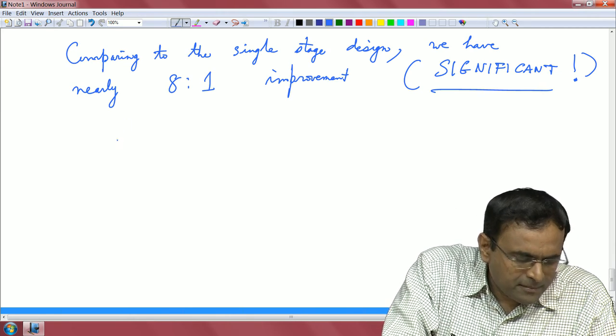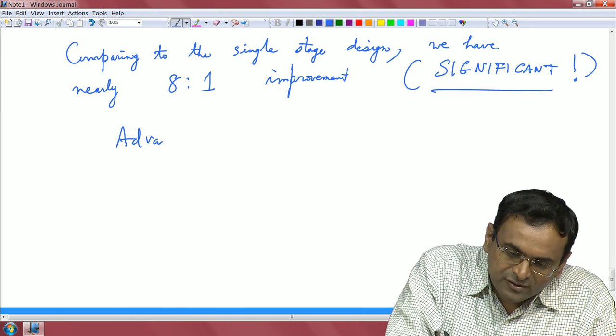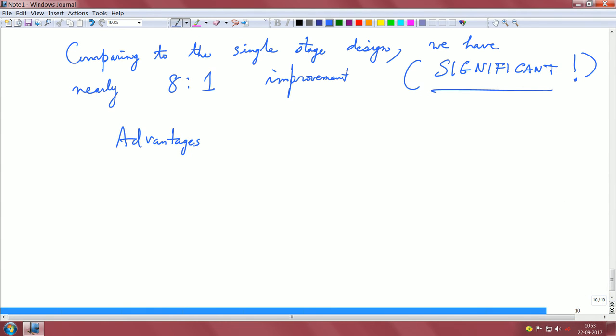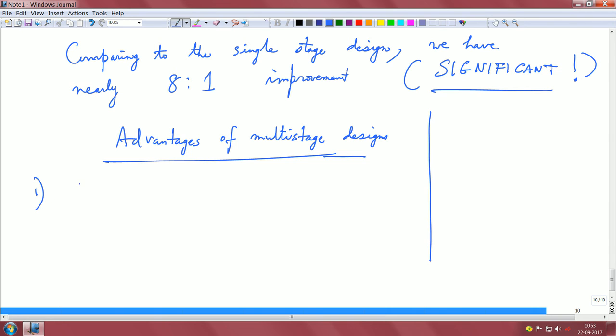So, let us list some advantages and disadvantages of multi-stage architectures. So, first is significantly reduced computations, and we saw this through the example.